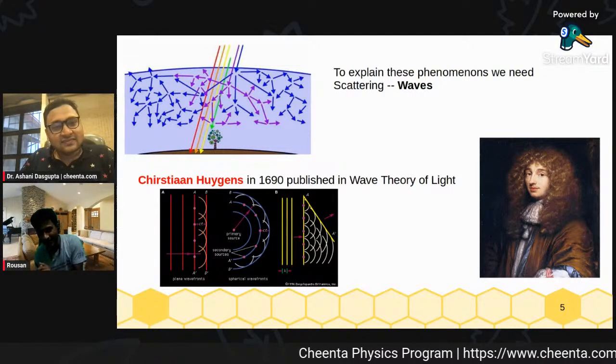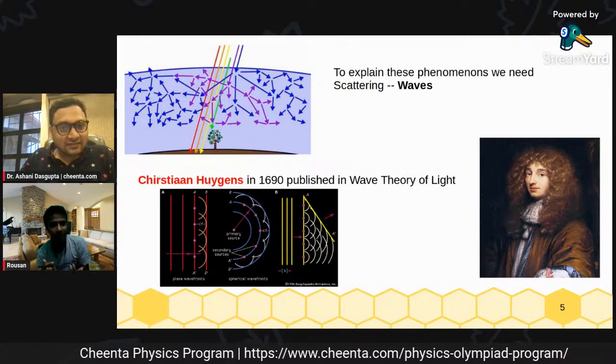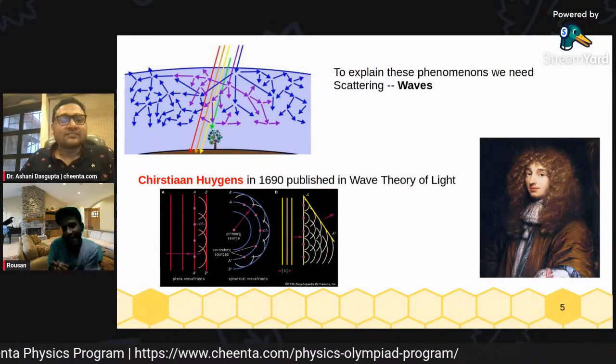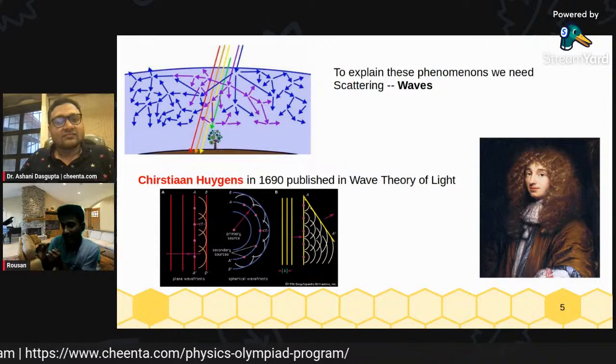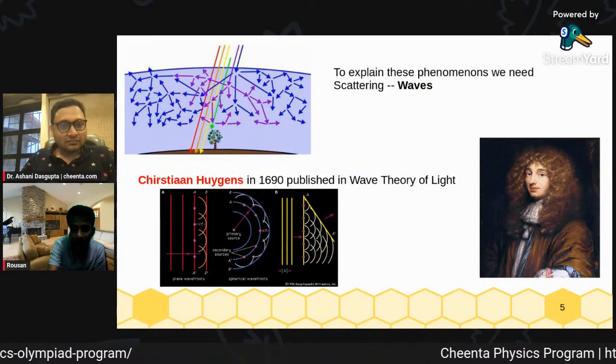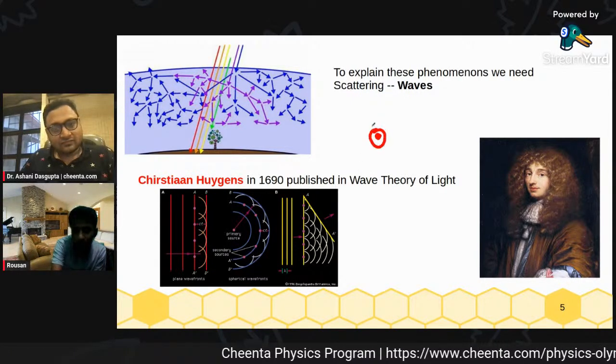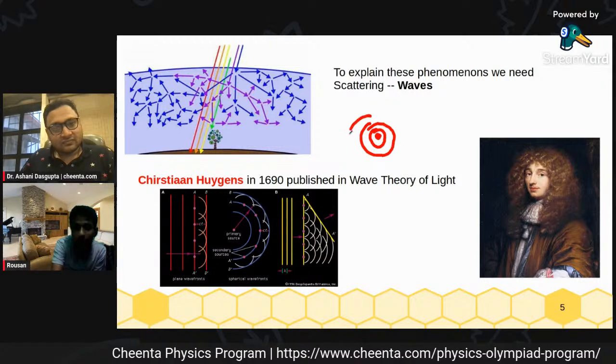His law basically tells that light is actually a wave, and depending upon the shape of the source, it emits different types of waves. Like if I have a point particle, what will happen? It will uniformly emit spherical waves.